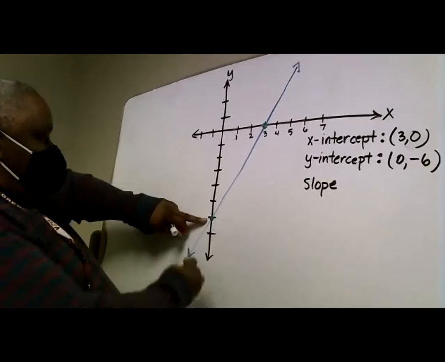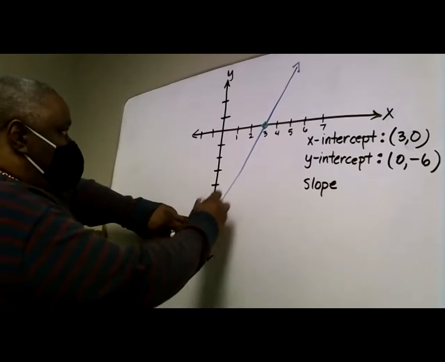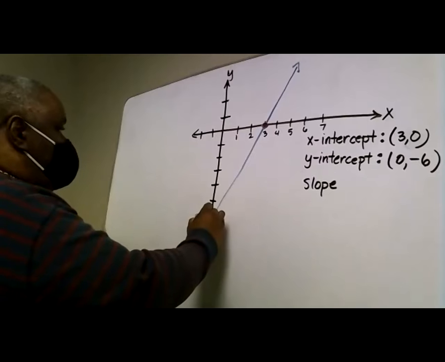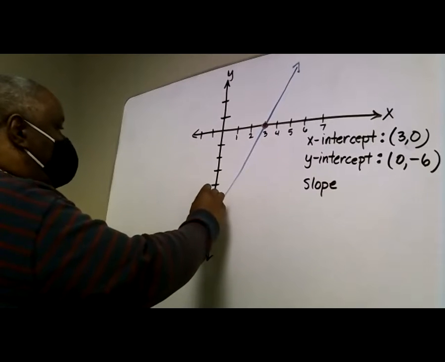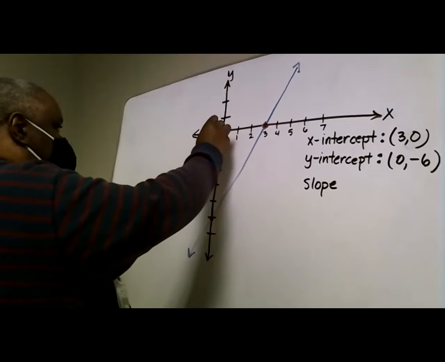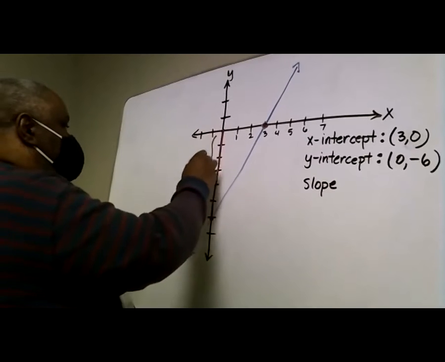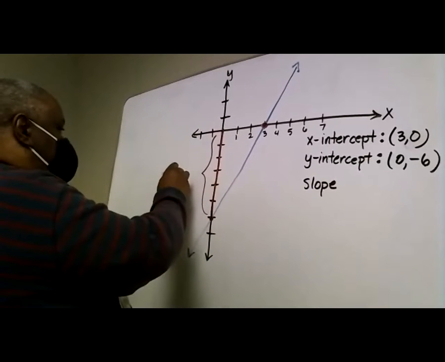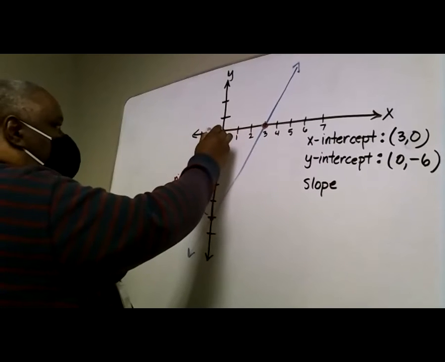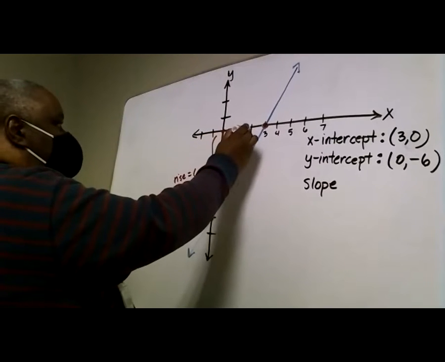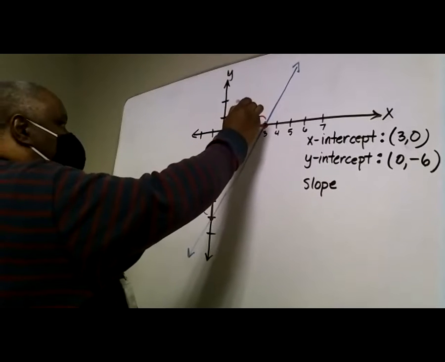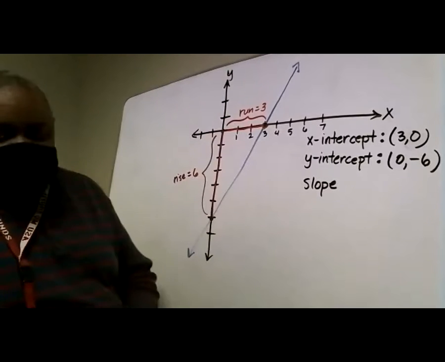Here's the point below, and if I want to get to this point right up here, I need to move up 1, 2, 3, 4, 5, 6. This is my rise, which is 6. And to get to that point from here, I need to run to the right 1, 2, 3. That's the run. In this case, it's going to be 3.